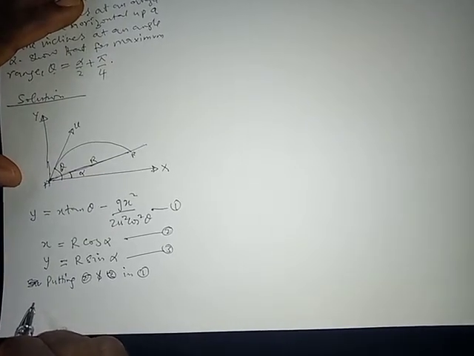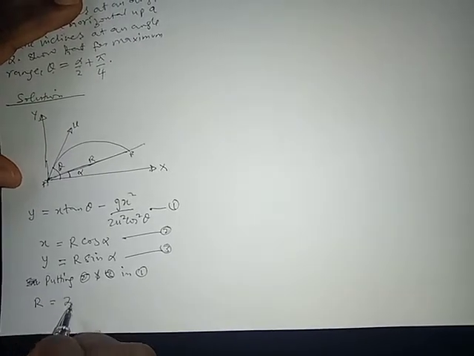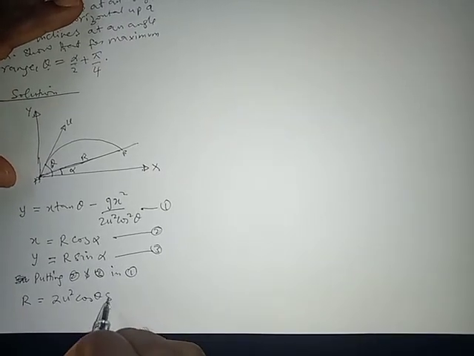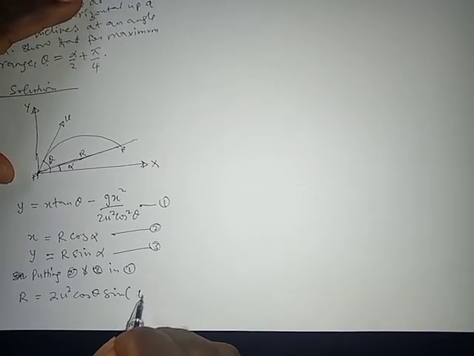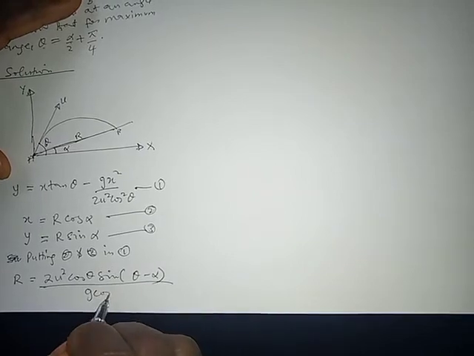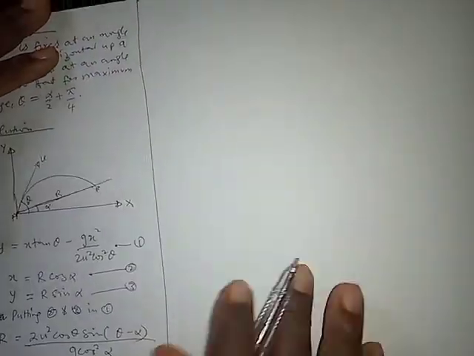We have r equal to 2u square cos theta sine of theta minus alpha divided by g cos square alpha. So here we need the angle theta at maximum range. So how do we work through this?